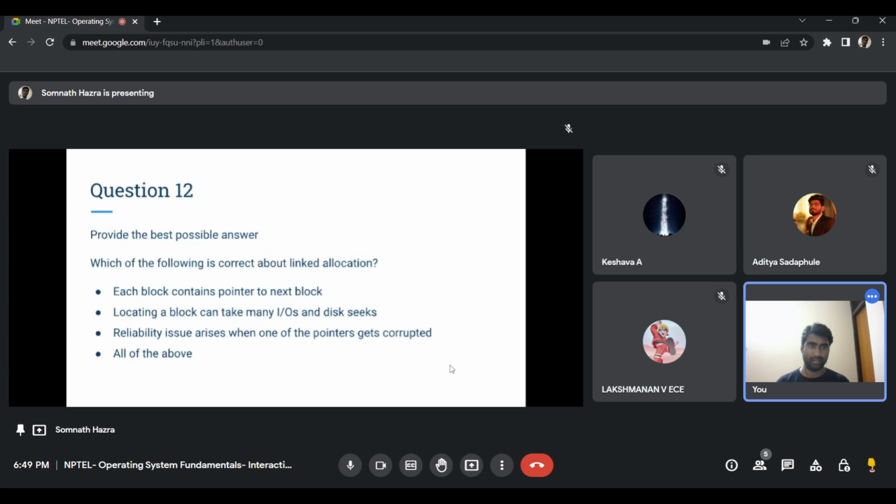Linked allocation. Even if you do not know about linked allocation, if you know about linked lists, you can think of it in terms of a linked list. Think of a linked list kind of structure, but in a disk, with many cylinders. So what will happen?